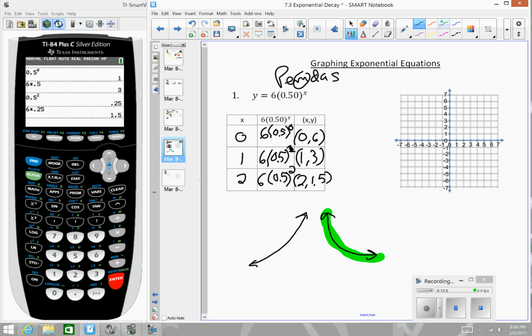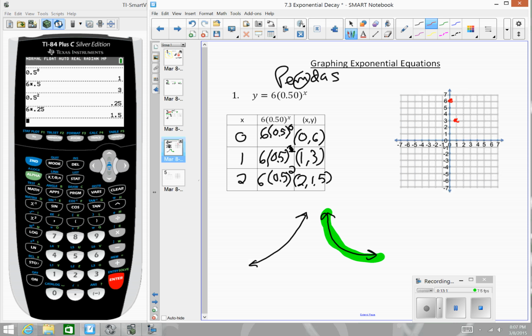Okay, so let's go over to the graph and graph these. So my ordered pair is 0, 6. It's going to be all the way up there. Cool. Okay, 1, 3. It's going to be right there. And I have 2, 1.5, which is going to be right in the middle right there. So now you can see our curve kind of curving towards the x-axis.